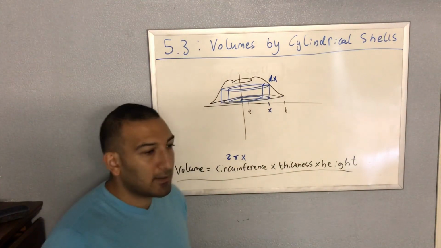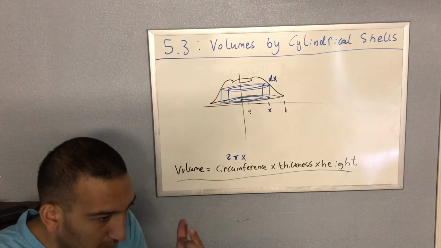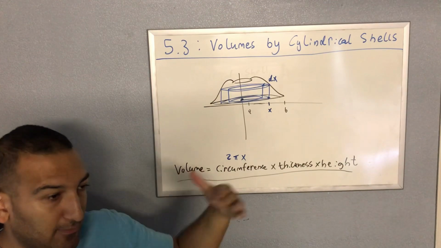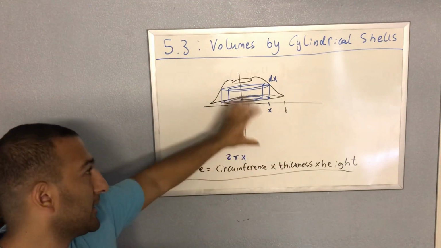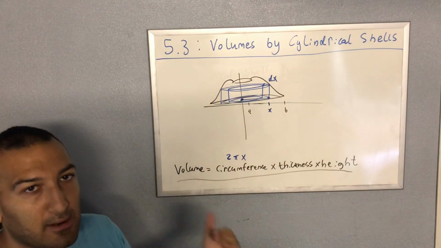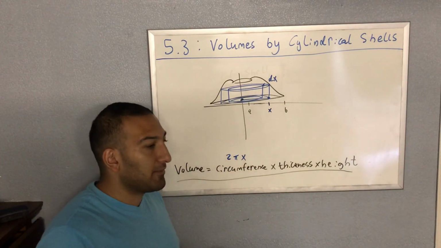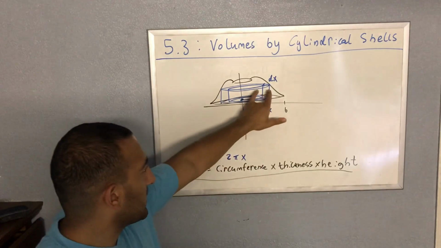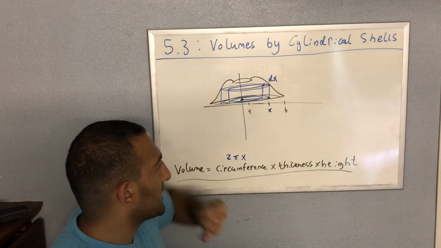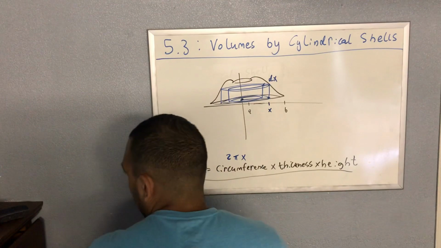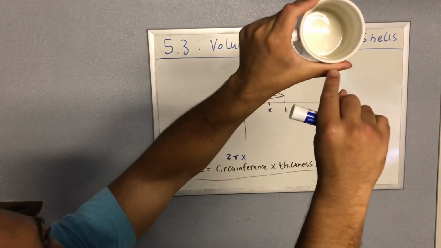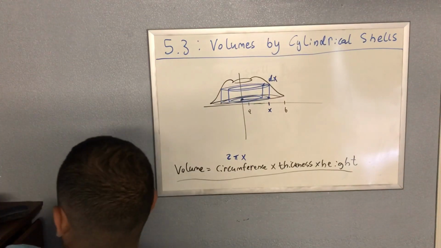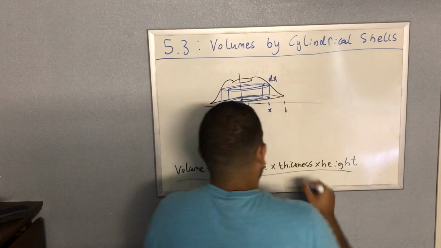Remember, the idea here is if you let the number of cylinders, or the number of rectangles when we did the area under the curve, go to infinity, then the delta x gets replaced with dx. So this really small thickness we're going to call dx. Okay, so then the thickness is dx.